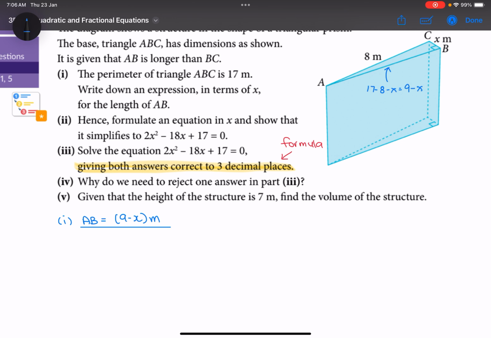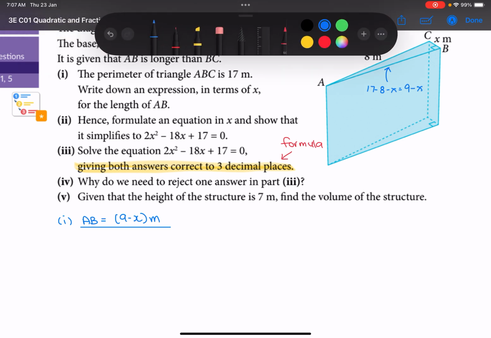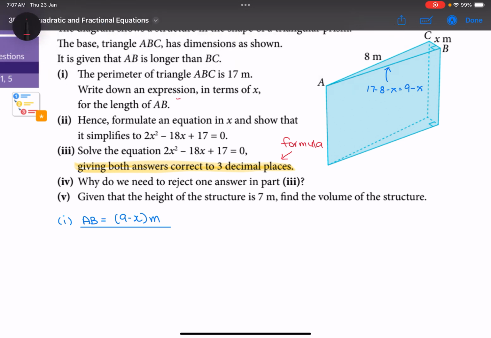These kinds of questions, they come with huge, massive mark allocation, but it's generally very easy. For example, I give you this question. Writing down AB will be 1 mark. Formulating the quadratic 3 marks. Solving is 3 marks because need formula. Rejecting it will be 1 mark.